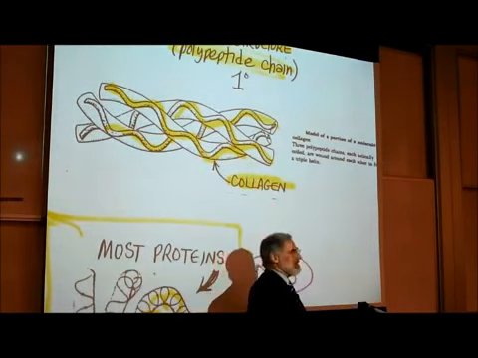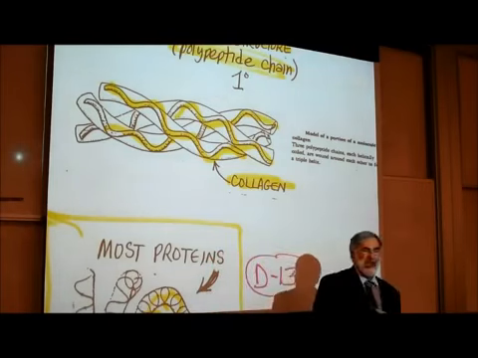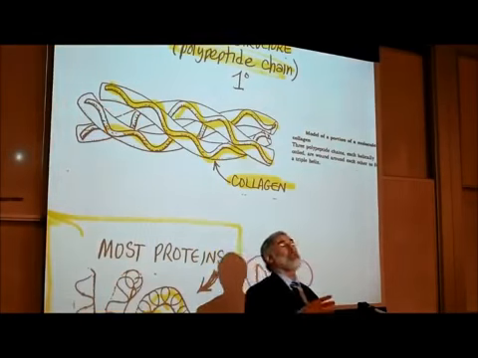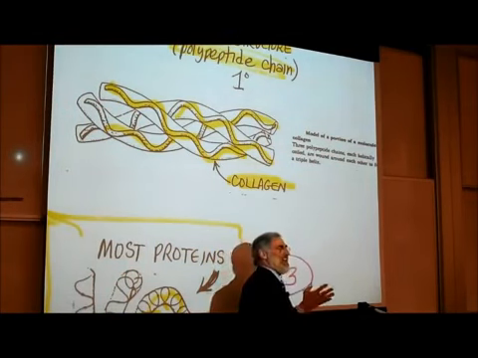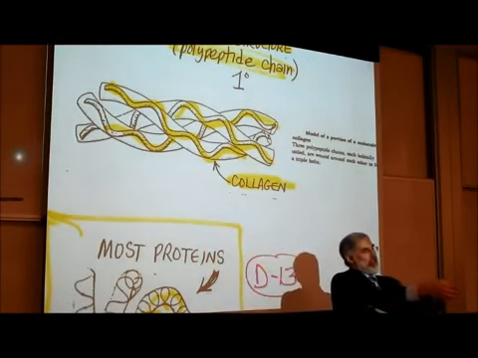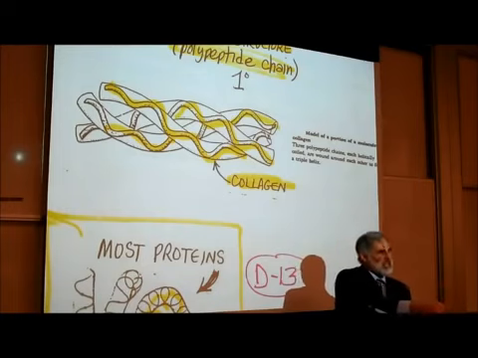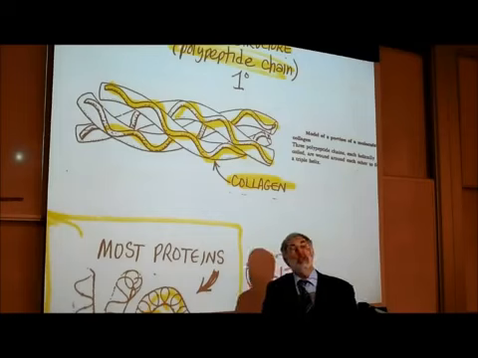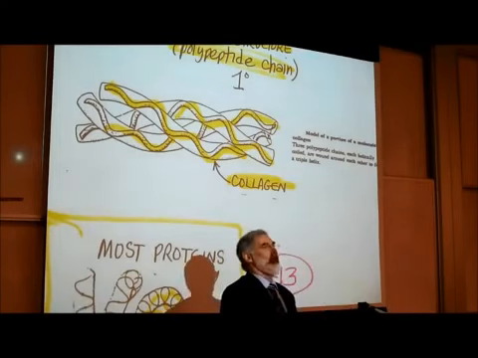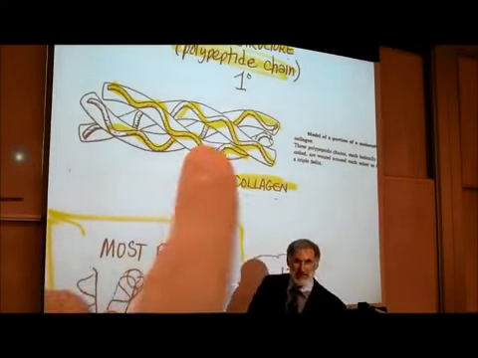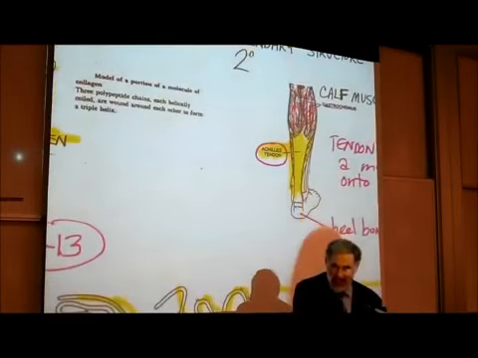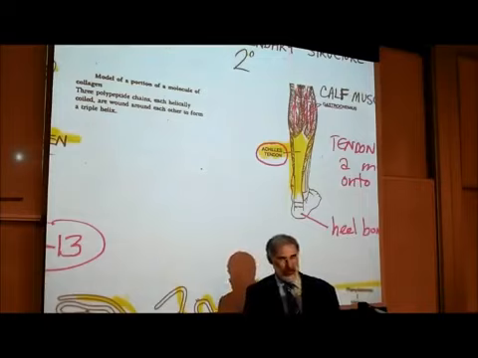But what makes collagen very strong is that every 3 collagen proteins are braided together. And as you know, if you took 3 strands and braided them together into a rope, that makes it very strong. So collagen is a very strong protein that makes up the tendons that attach the muscles of our body onto our bones.